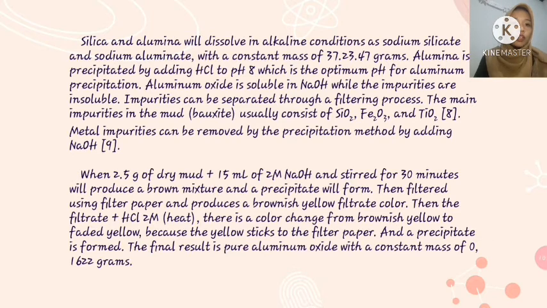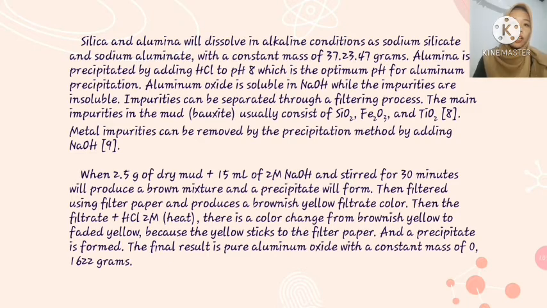Method 2. In method 2, the solvent used is hydrogen chloride. The addition of hydrogen chloride to the dried mud will dissolve the alumina, while the silica will remain in the mud.